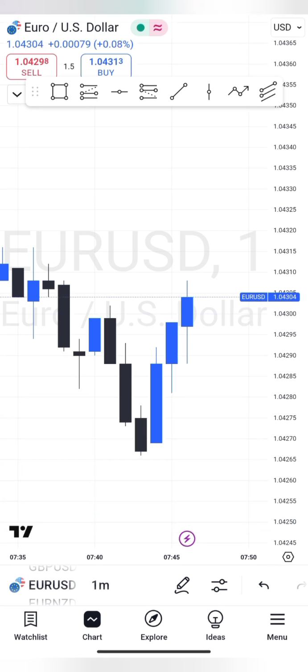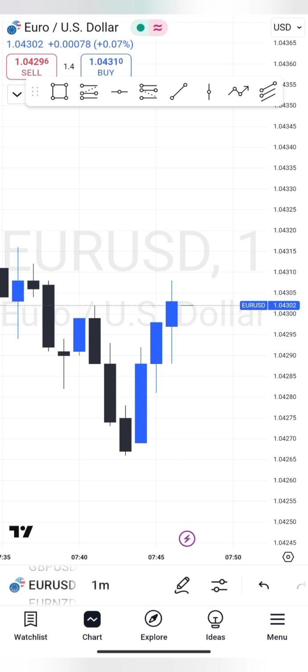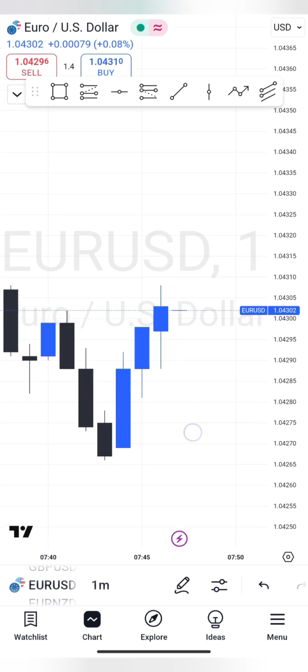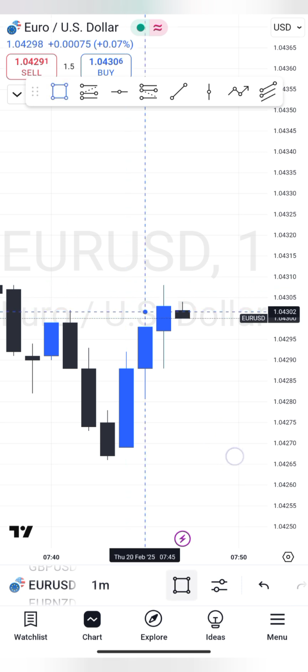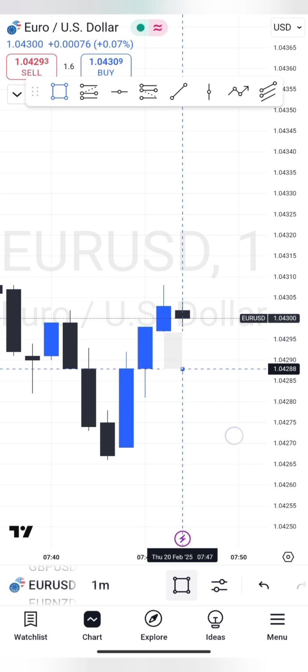So if you look at this candle formation now, you can see there's a thin line. Let me mark it out for you so that you'll not be confused.